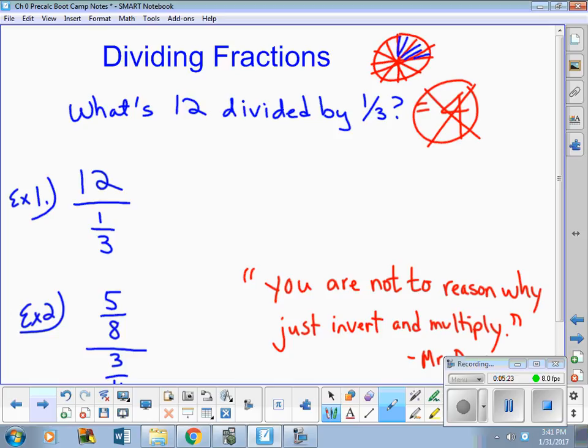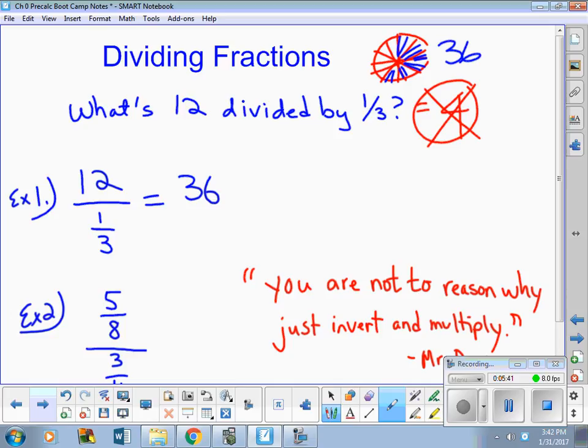I can't do it very accurately on this, but you'd end up with 36 pieces of pizza if you cut all these into thirds. Well, it turns out it's true. 12 divided by 1/3 is 36.